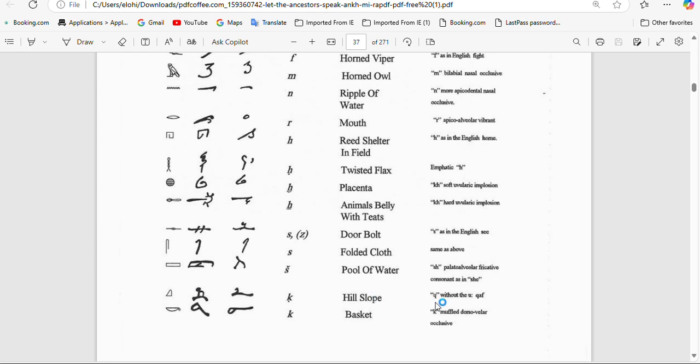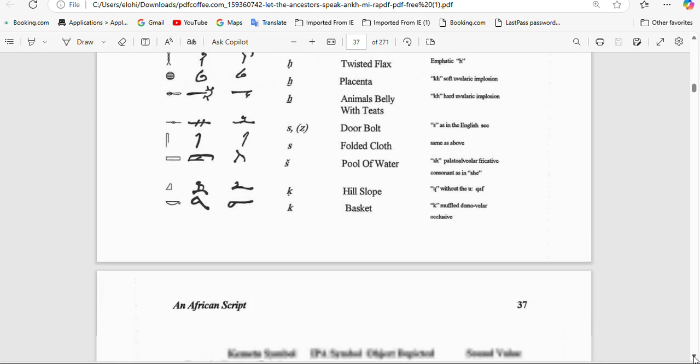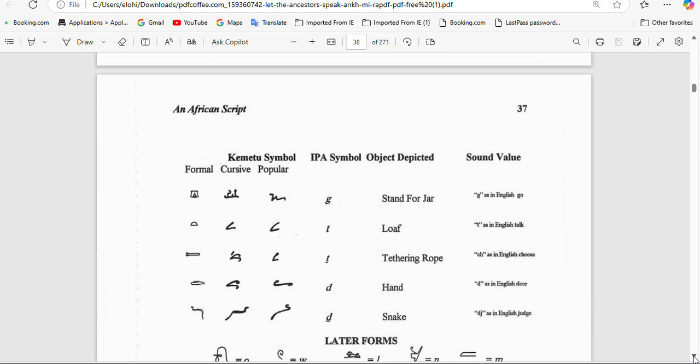It's pronounced Q as in quaff. This here is a basket. This is the phonetic K. Then we have a stand for a jar. You see it in the three different scripts. The IPA symbol is a G, G as in go.